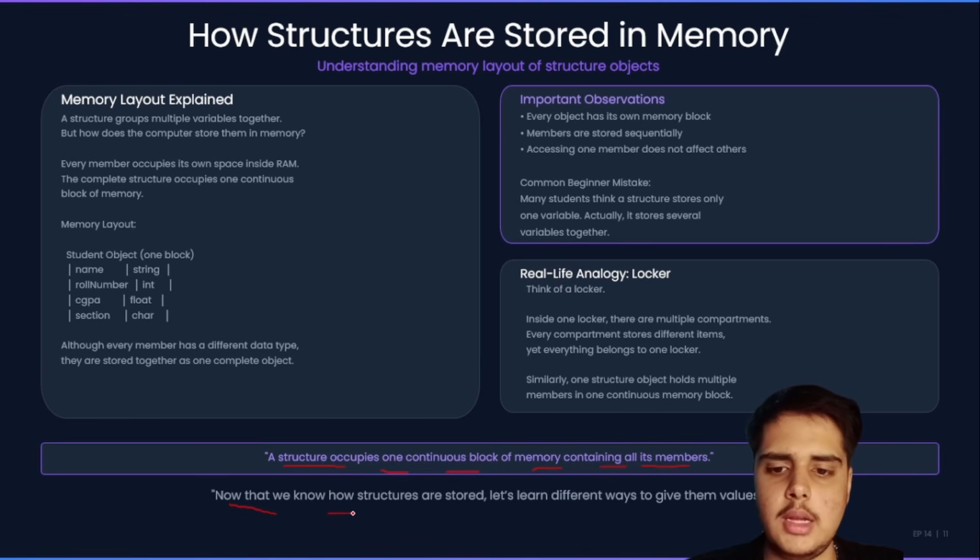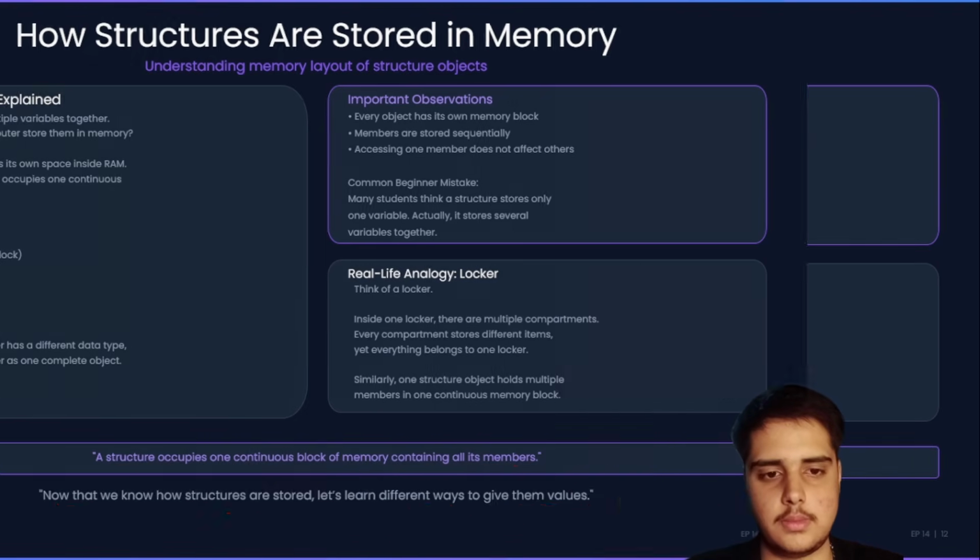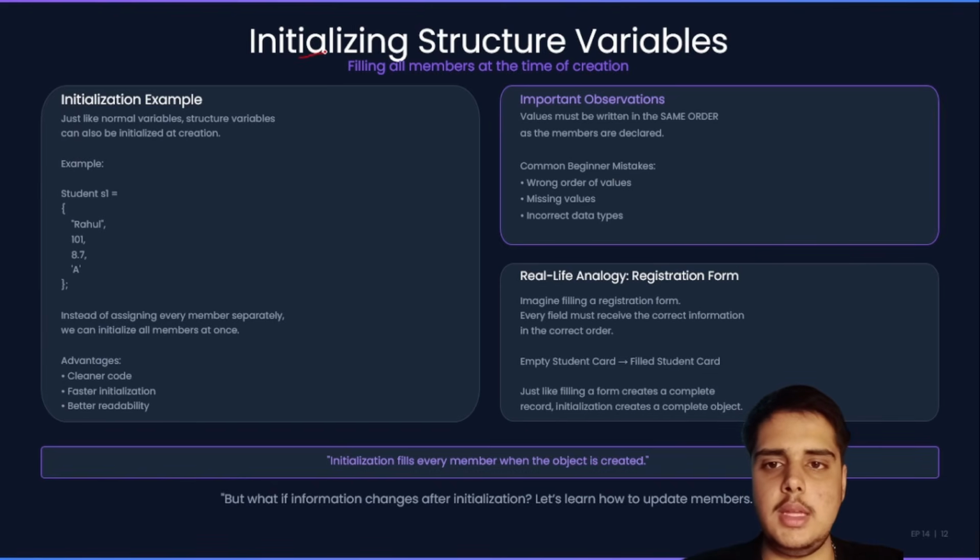And now that we know how structures are stored, let's learn different ways to give them values. Coming here, initializing structure variables: filling all members at the time of creation. Just like normal variables, structure variables can also be initialized at creation.